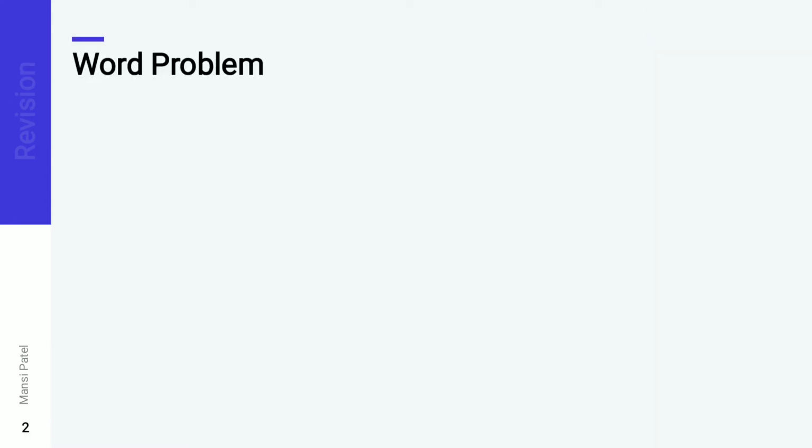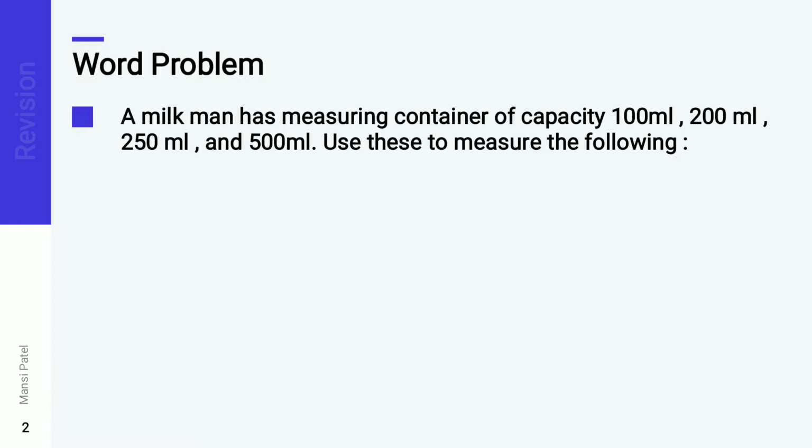We start with the word problem. The first word problem is that a milkman has measuring containers of capacity 100 milliliter, 200 milliliter, 250 milliliter and 500 milliliter. You have to use only these measurements. First, you want to make 700 milliliter.